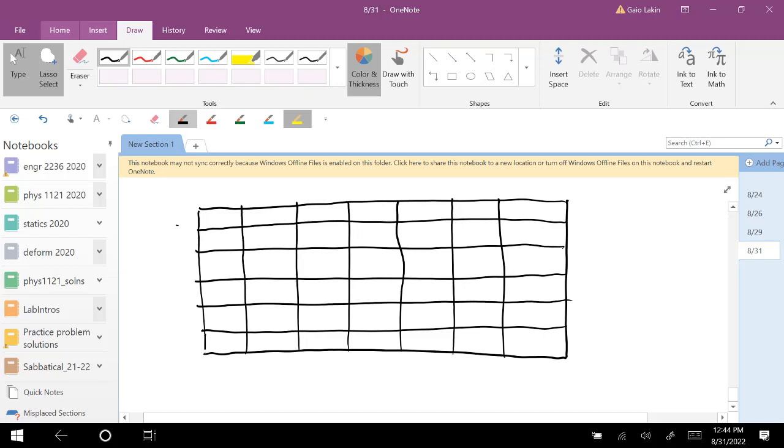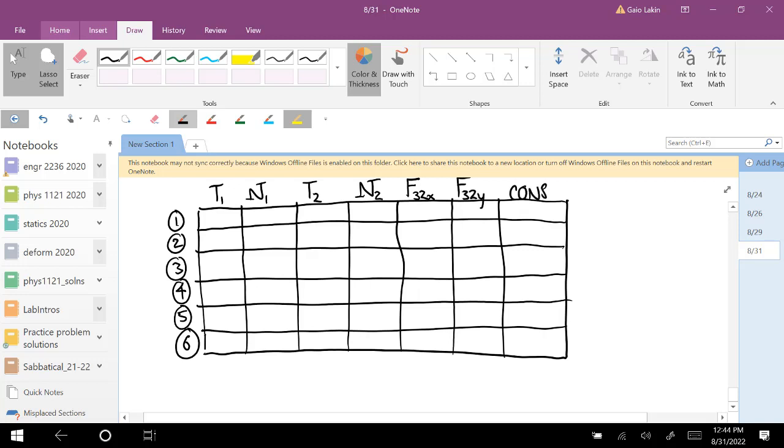Okay, this is equation 1, 2, 3, 4, 5, 6. The variables are T1, N1, T2, N2, F32X, F32Y, and then the constants.